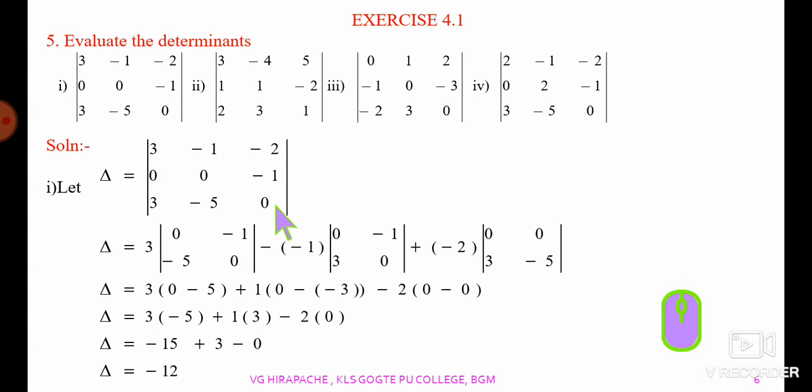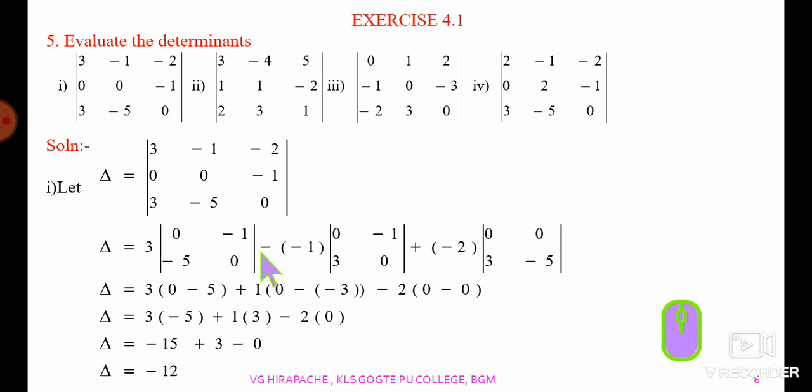In this case, we are going to study how to evaluate the third order determinant. Now, delta is equal to, we are going to evaluate this determinant along the first row. Therefore, we have the plus sign first, then the first row first element is 3. Deleting the respective row and column, we are left with the second order elements 0, minus 1, minus 5, 0.